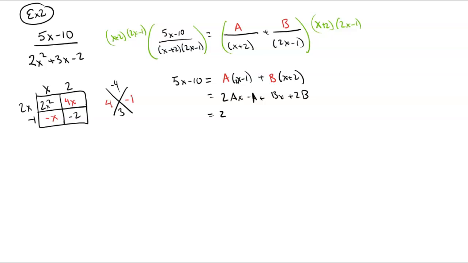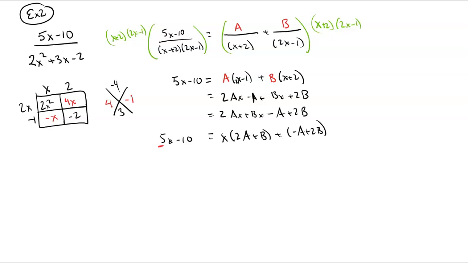Again, kind of move things around if you would like to do that. If you don't find that helpful, you can always skip these little steps. So 2a plus b, and then negative a plus 2b. Again, 5x minus 10.